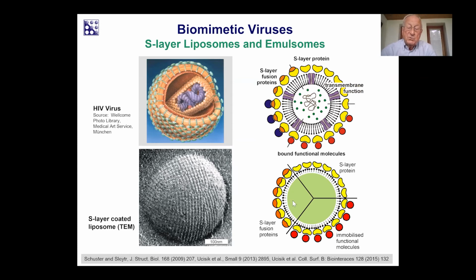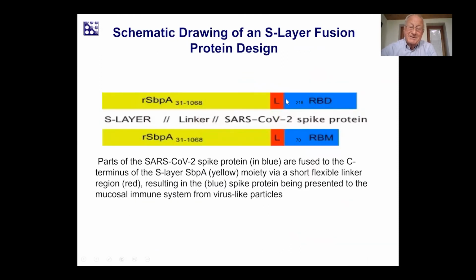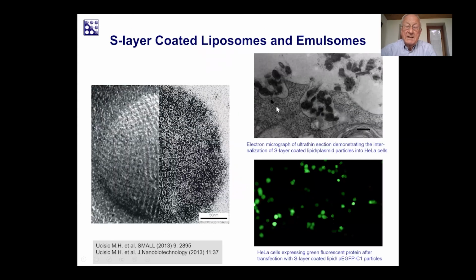The same applies to emulsomes. In this case, we have the possibility for dissolving before that or entrapping hydrophobic parts. This is just the system we are presently studying. This is the S-layer fusion protein using parts of the SARS-CoV-2 spike protein. This is the receptor binding domain or the receptor binding motif linked to an S-layer from a bacillus using a flexible linker.